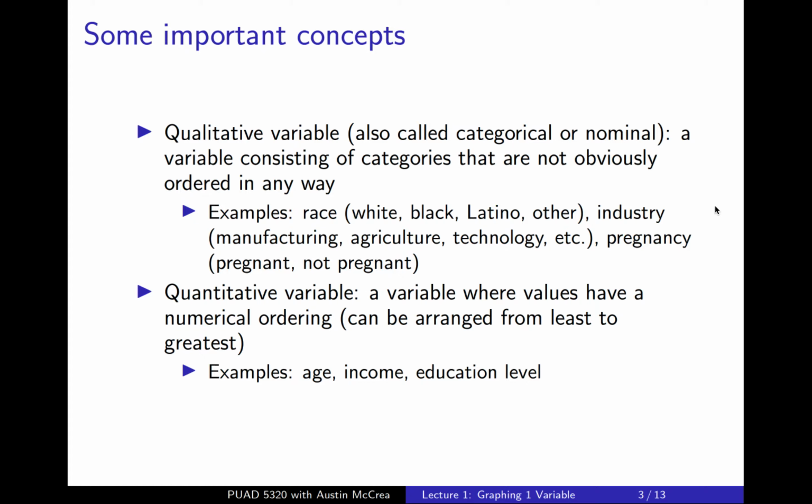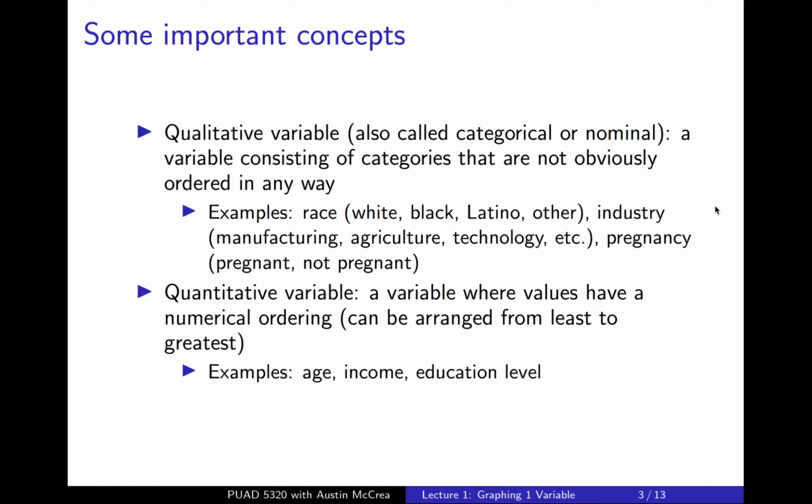Now, within this concept of a quantitative variable, there are 3 different types: ordinal, discrete, and continuous. Starting first with an ordinal variable, that's a variable with values that can be clearly arranged from least to greatest. But it's important to acknowledge that the distances between these values cannot be easily quantified. Going back to an educational example, we could have a variable that measures high school diploma or less, some college, 4-year college degree, and advanced degree.